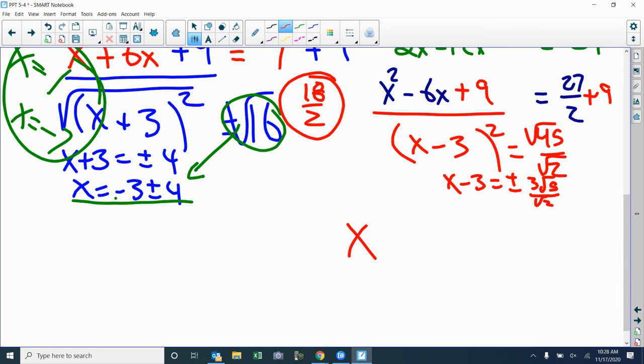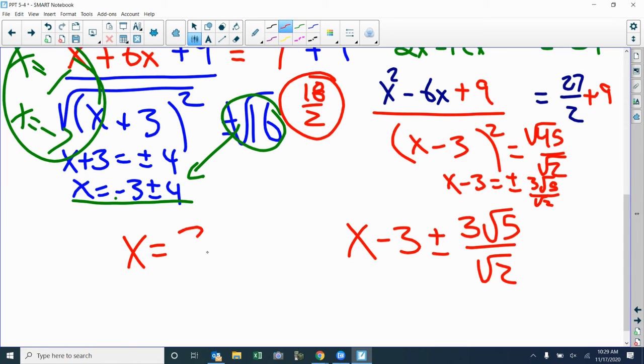Then we're going to end up with x minus 3 equals 3 radical 5 over the square root of 2. Take the 3 to the other side. It's going to become positive 3 plus or minus 3 square roots of 5 over the square root of 2.